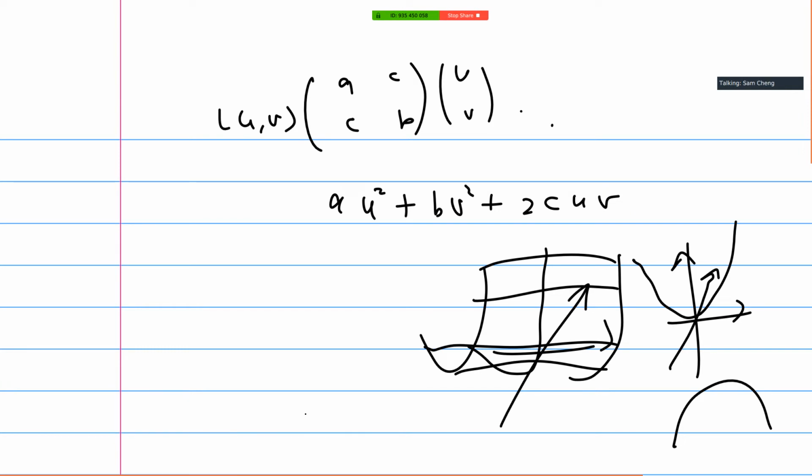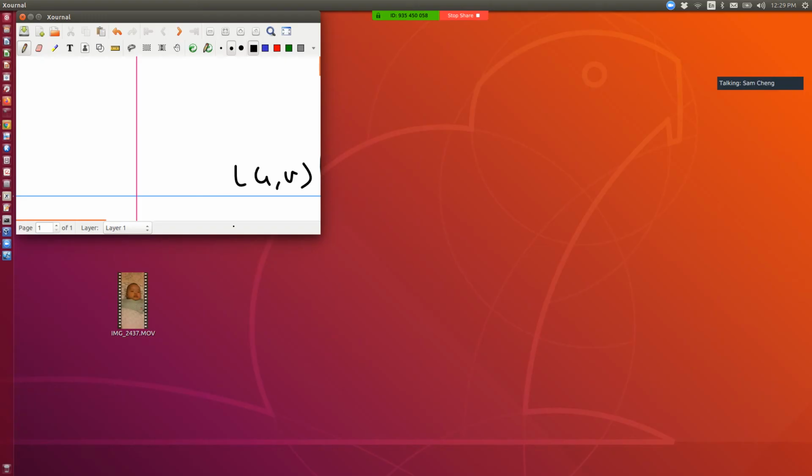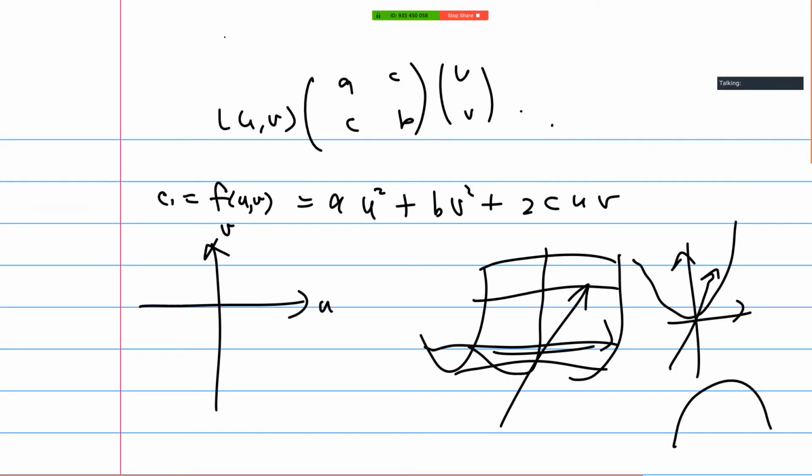Now I can draw the level set, as I mentioned. Let me call this a function of UV, let me call it f(U,V). And let's say f(U,V) is equal to some constant, maybe equal to C1. Now I have this UV axis here.